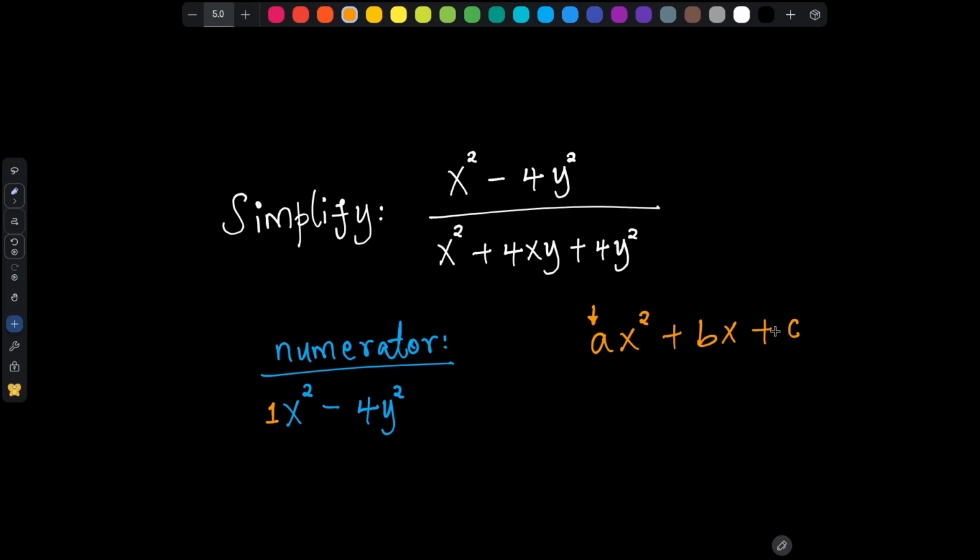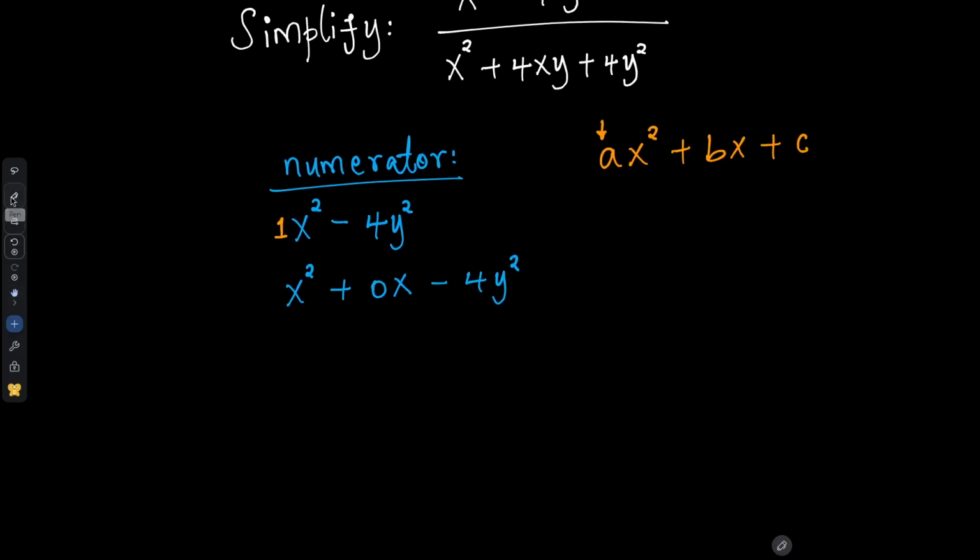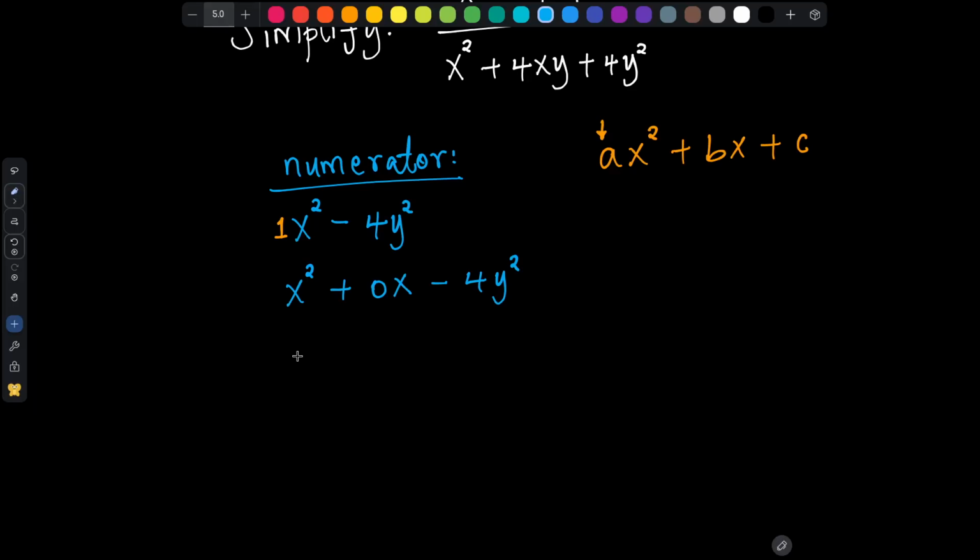And finally, the value of c is negative 4y squared. So we can rewrite this quadratic expression as x squared plus 0x minus 4y squared, and there is really no need of writing 0x, so this is just x squared plus 0 minus 4y squared.